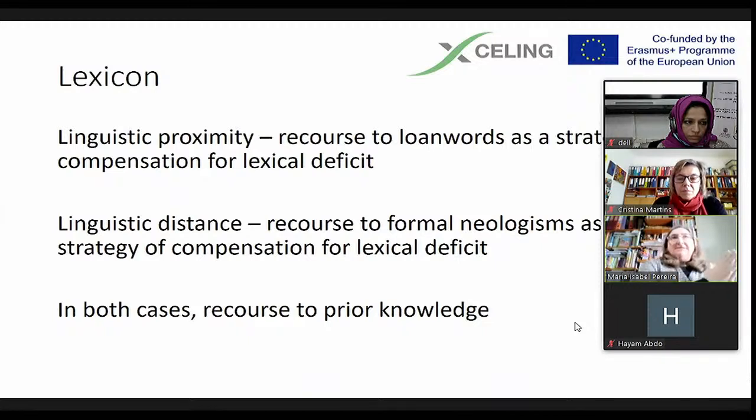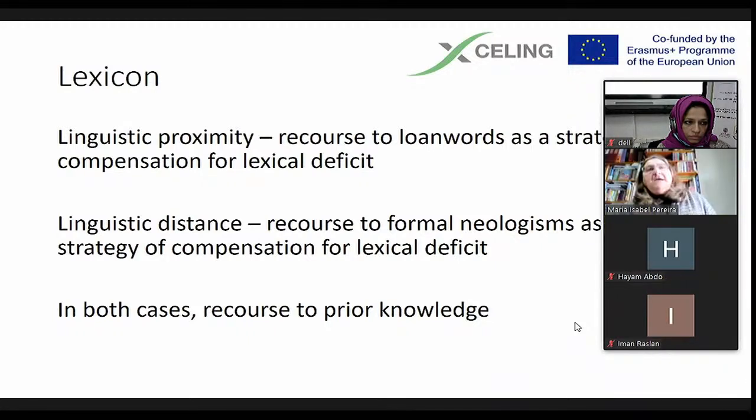But linguistic distance, on the other hand, uses formal neologisms as a strategy for compensation for lexical deficits. So in both cases, they use prior knowledge, but learners of Spanish use their L1.